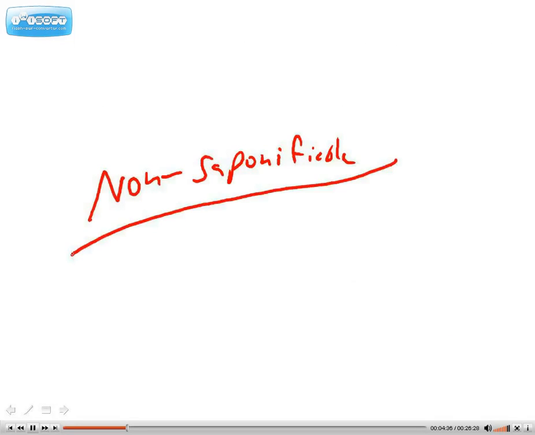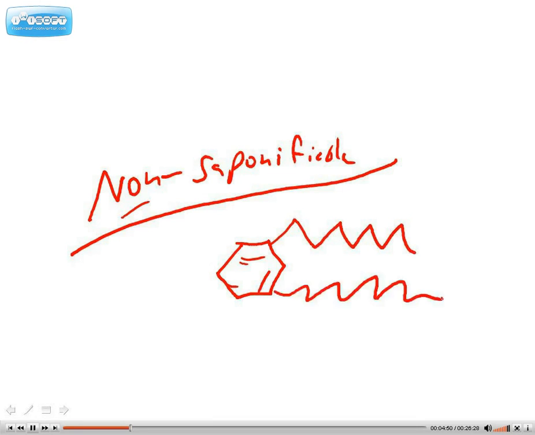Compare this to a non-saponifiable lipid. I'm just going to make up one. This is a type of what they call a prostaglandin. This is a short-range hormone lipid.